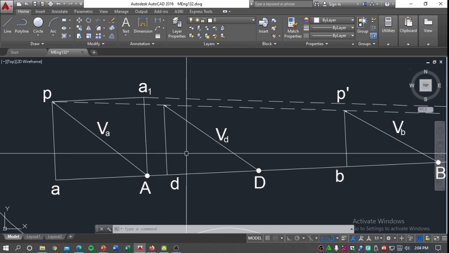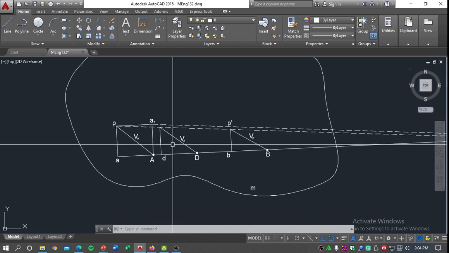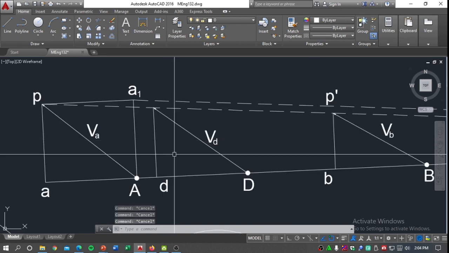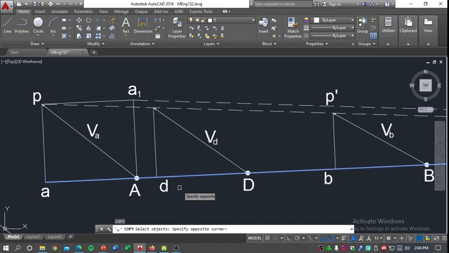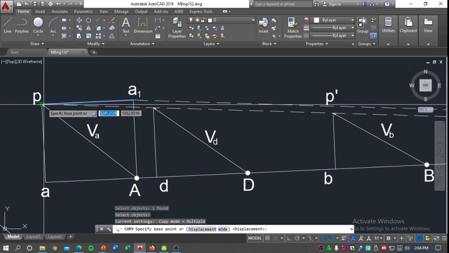Due to that, we can now project the corresponding components of the lines of the velocity vectors D and B. So we can project it by doing these parallel lines.